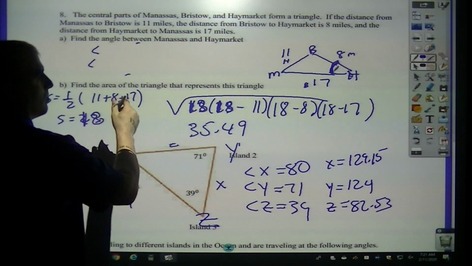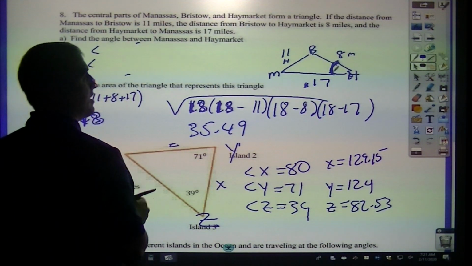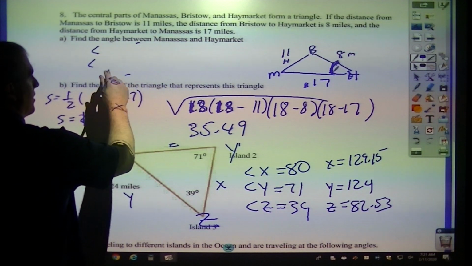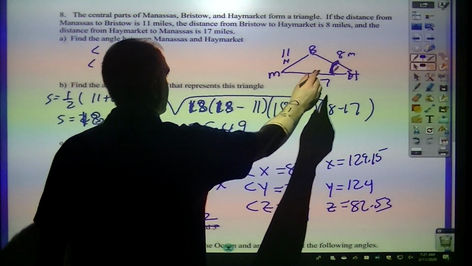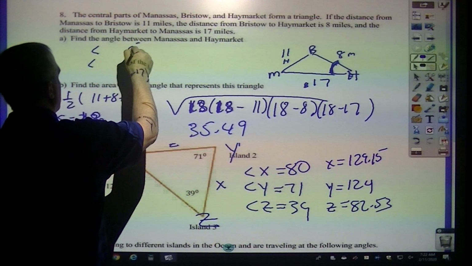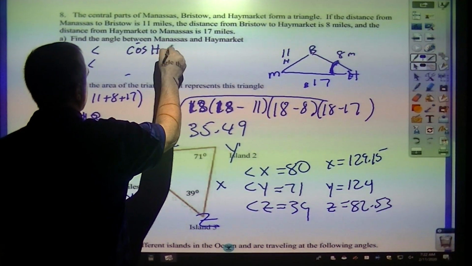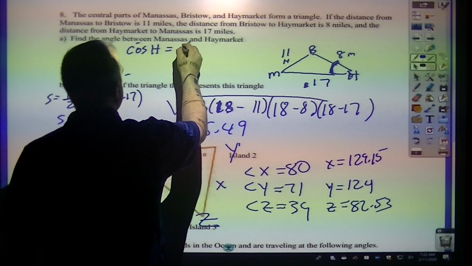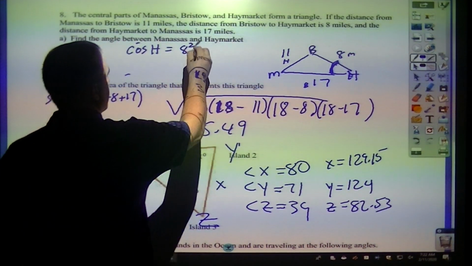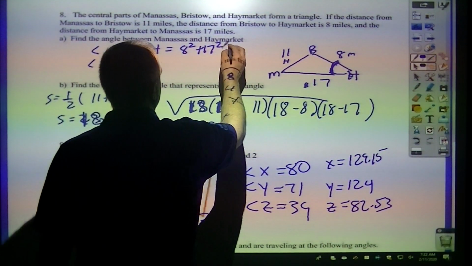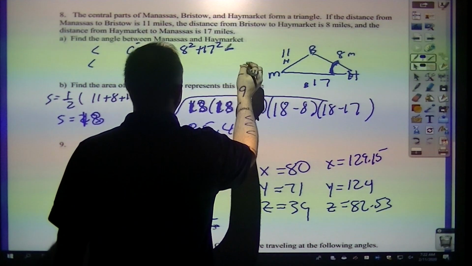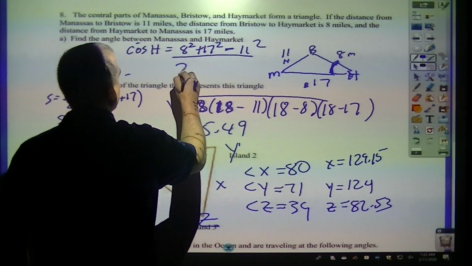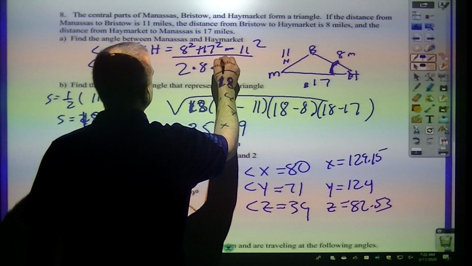So what we would have here is we want to find angle H. Cosine of angle H is equal to 8 squared plus 17 squared minus 11 squared, all over 2 times 8 times 17.